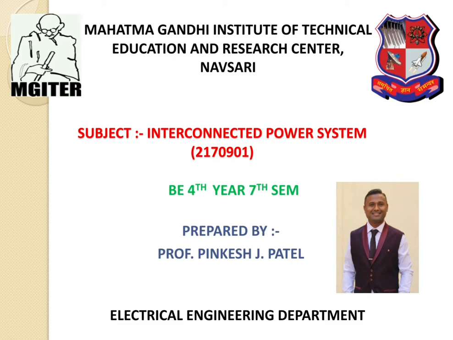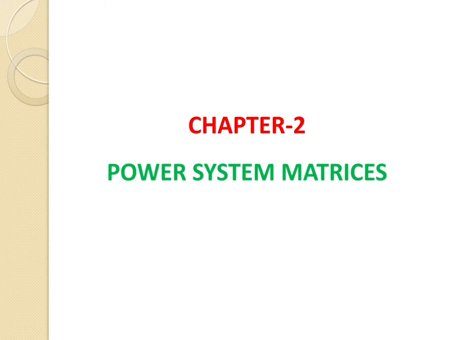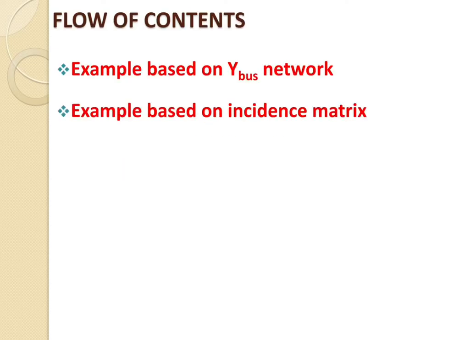So today I will start with the subject of Interconnected Power System, having a subject code of 2170901. We have already started with chapter number 2, that is Power System Matrices. This is the flow of the contents: examples based on Ybus network and examples based on incidence matrix.